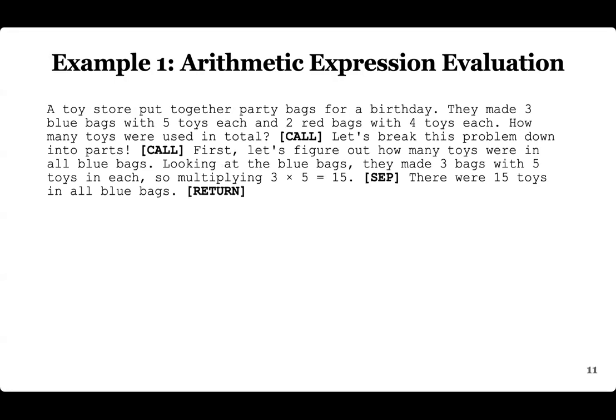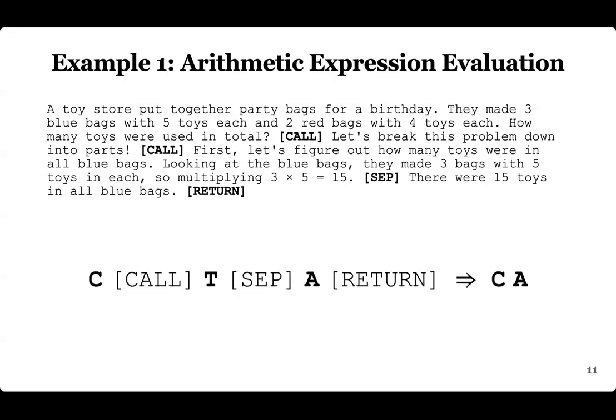This is a simple question, but we can decompose it into sub-questions. We might want to know how many toys are in the blue bags. By some simple calculations, we know there are 15 toys in the blue bags. And when we know the final answer, it will trigger the reduction rule.